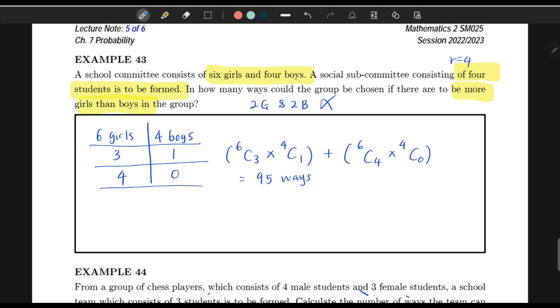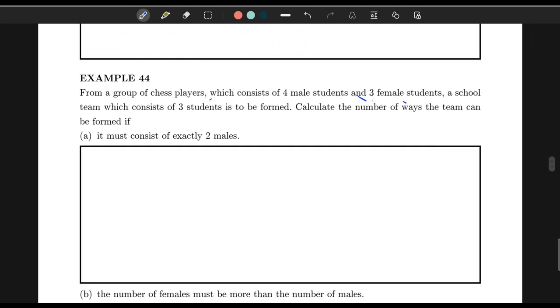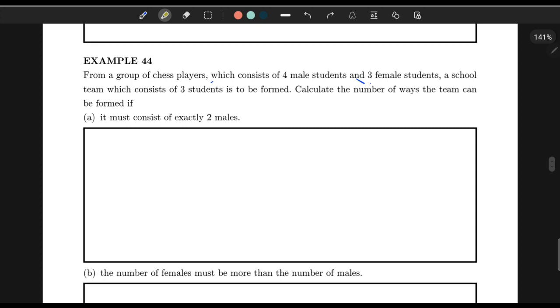And the last example for this lecture, example 44. Read the question first. From a group of chess players which consists of 4 male students and 3 female students, a school team which consists of 3 students is to be formed.